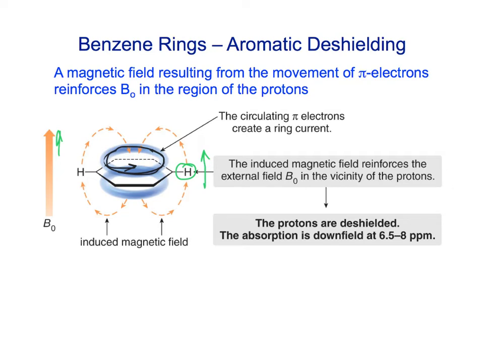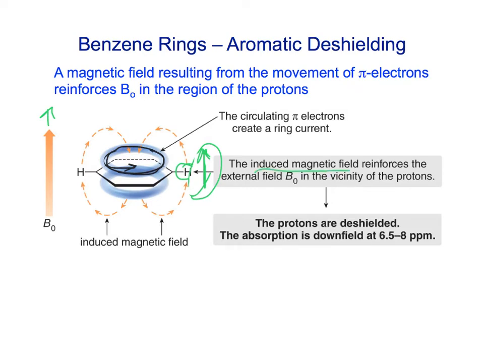So in this case, we're going to take whatever this B local is, and we're going to add it up here, so it's going to add to the B0. Instead of shielding, it's going to cause a lot of deshielding, because this is going to add on because it's aligned with the magnetic field.